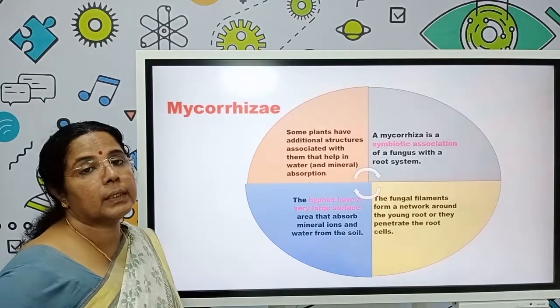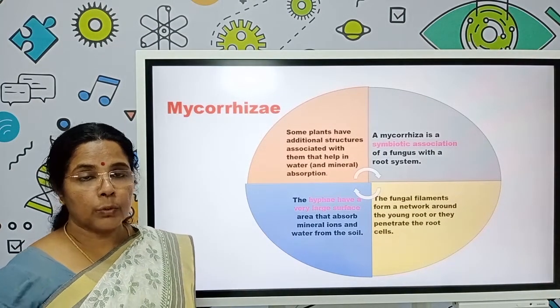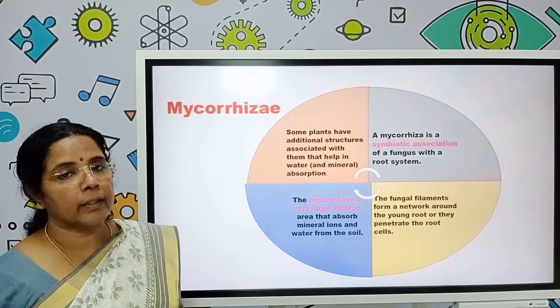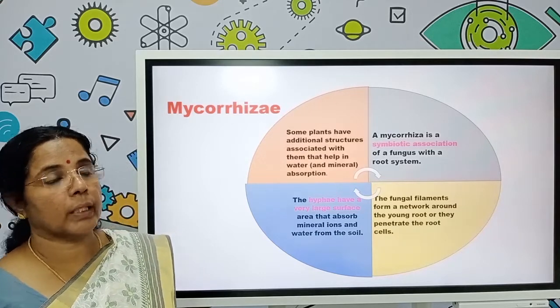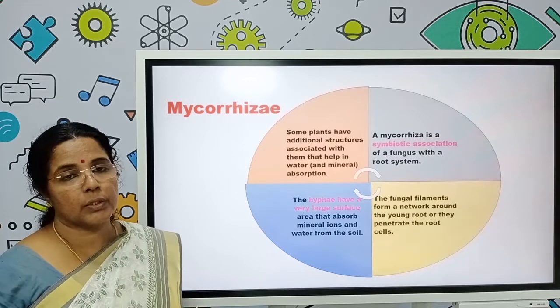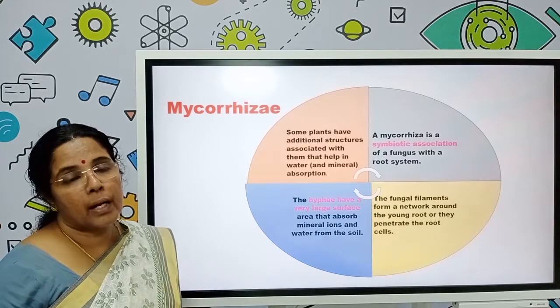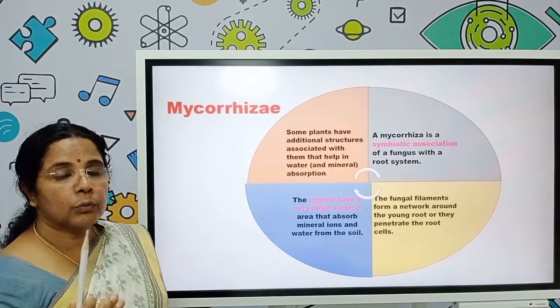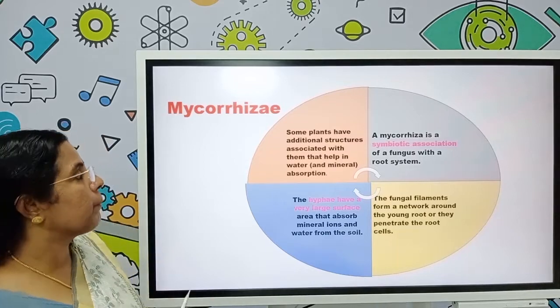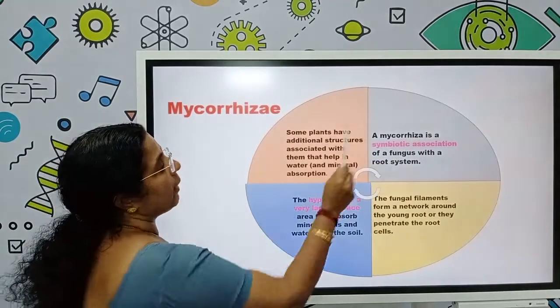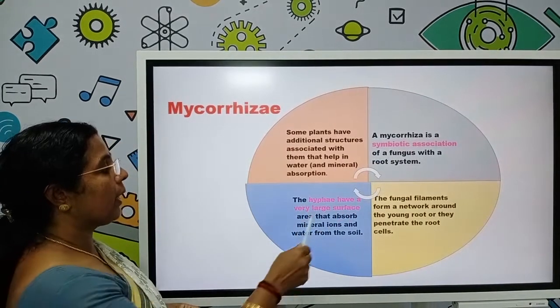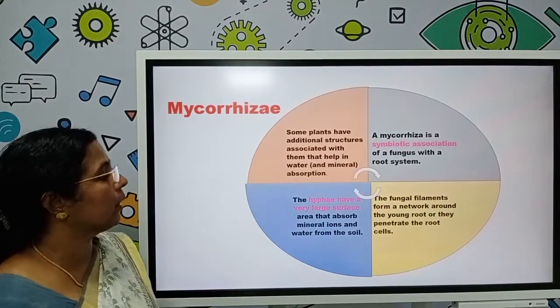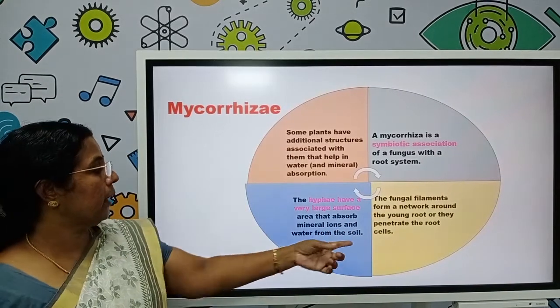Mycorrhiza is the association between fungi and the roots of higher plants. This mycorrhizal association helps the plants absorb nutrients from the soil. Mycorrhiza is a symbiotic association. The fungal filaments form a network around the young root or penetrate the root cells.